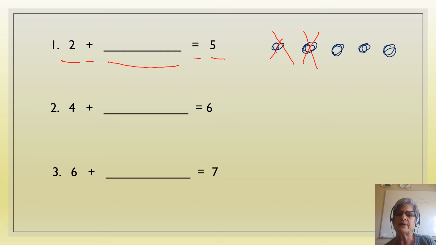Now, how many circles do you have left? Let's count them. 1, 2, and 3. So I'm writing the number 3. 2 plus 3 equals 5.